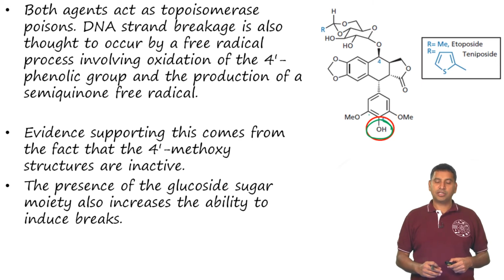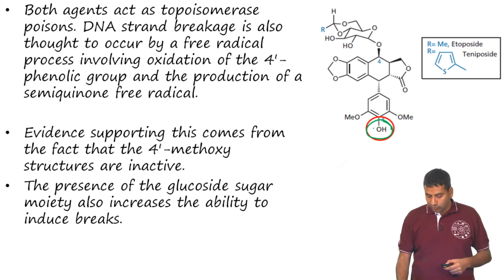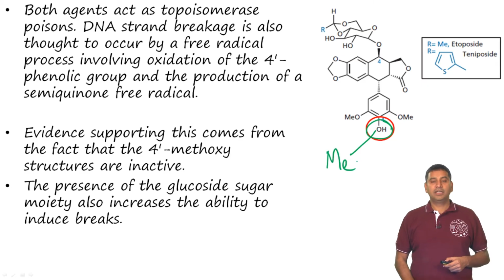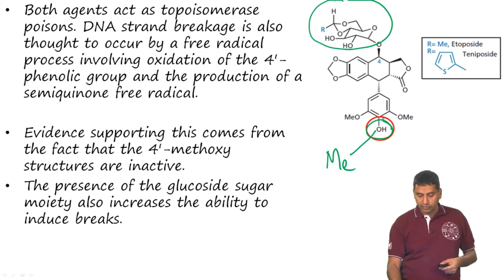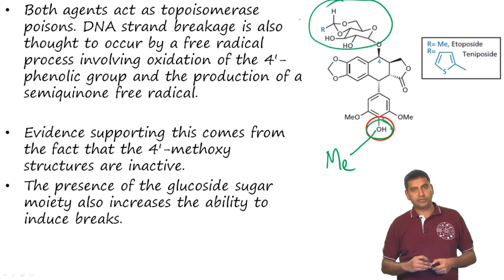Evidence for this comes from the fact that if you derivatize this oxygen into a methyl, then the compound becomes inactive. The presence of the glucoside sugar moiety also increases the ability of this molecule to induce breaks.